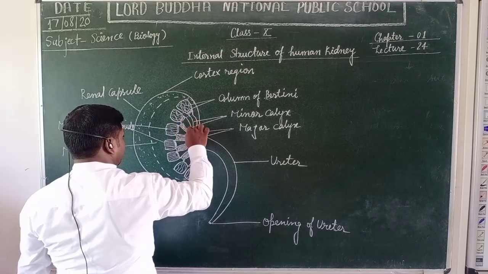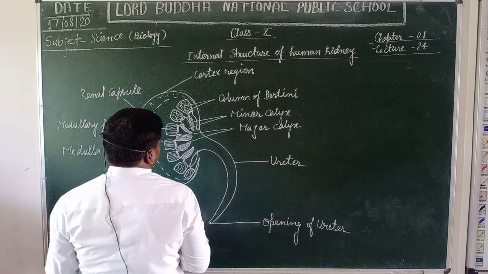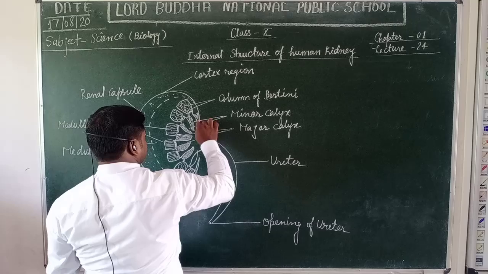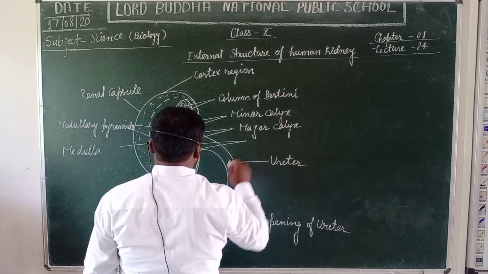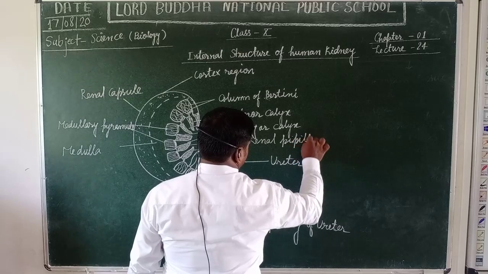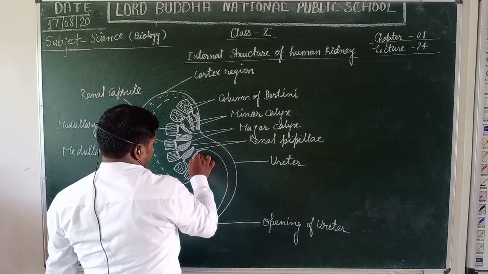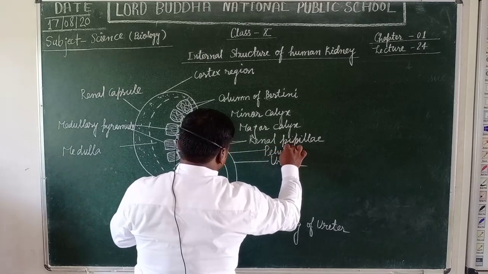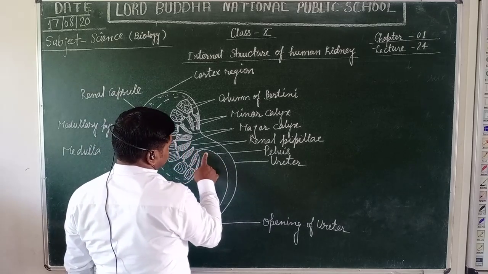and also contain a large number of blood vessels through which the passage of substrate also passes. That is the renal papilla, papillae in plural, and this region is known as the pelvis region, through which the ureter arises.